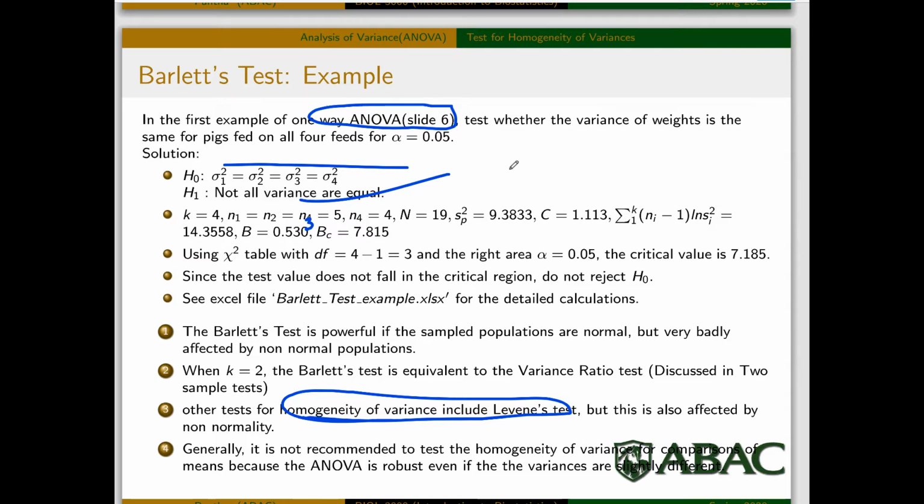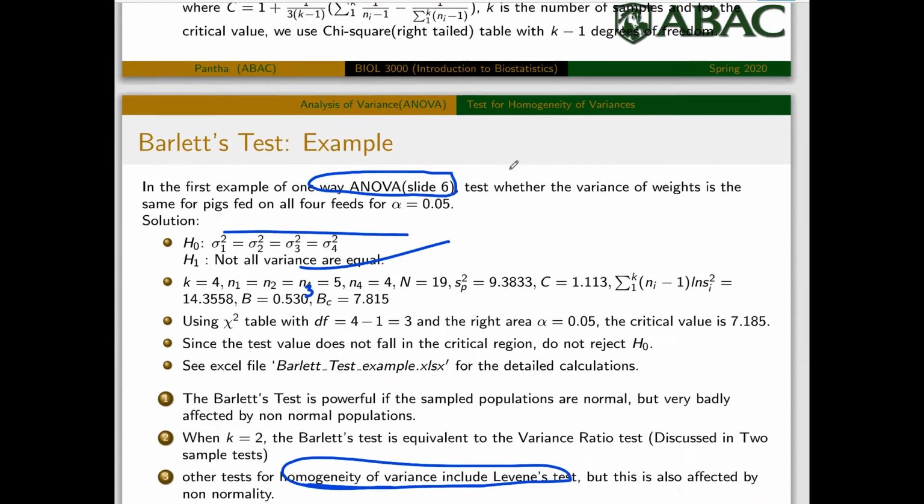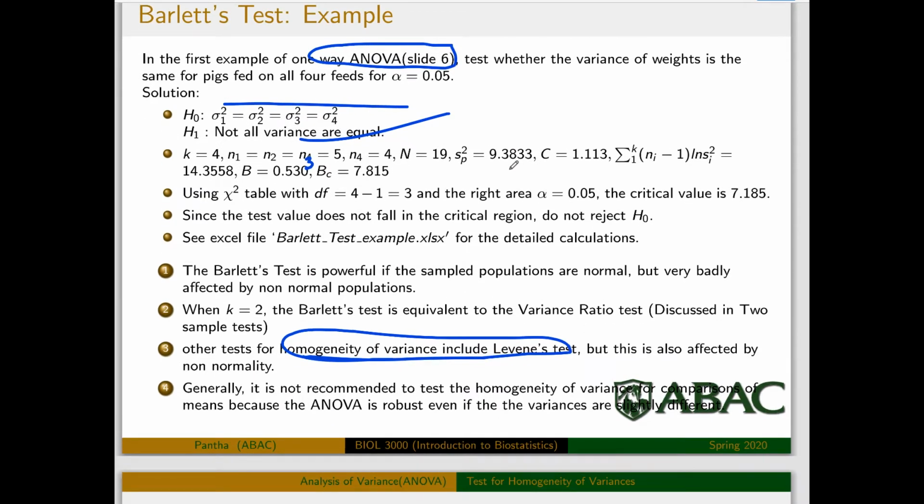So we use all the formulas here to find these values. So using the chi-square table with degrees of freedom 3 and right area 0.05, the critical value is 7.185.